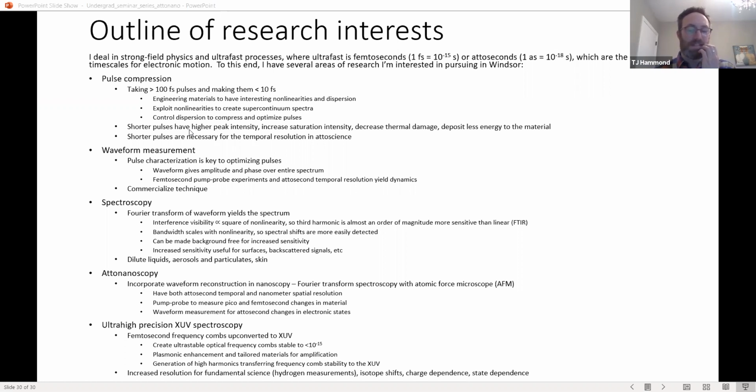If we could do this, it should be an extremely robust and sensitive spectroscopic technique comparable to some of the top-of-the-line techniques available today. But you can do it in a single shot, so you'd be able to do this millions of times a second, as opposed to once a second or something like that. That's kind of the goal.